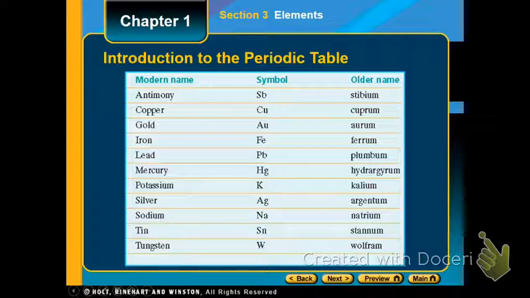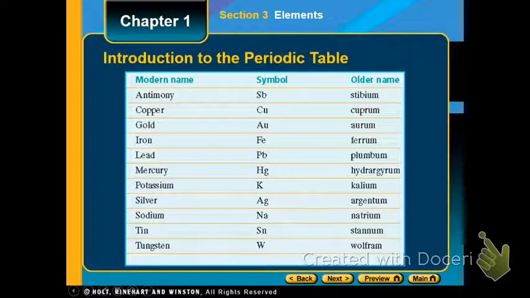Their original root was German or Latin, some other foreign language, and even though the name was changed with our international system, they kept the symbol of the original or older name. Please look through this list. Make sure you know a couple of them. That way you are familiar with it.